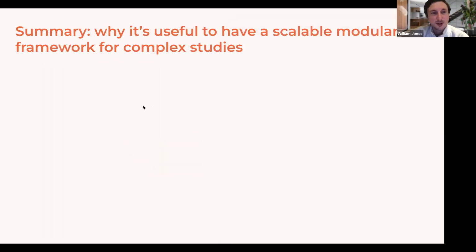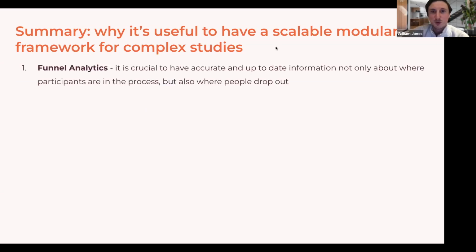Okay, so I'm just going to go through some of the points that I listed earlier, and the intention was to answer many of these questions. Now that we have been introduced to these concepts, we can start to understand and have funnel analytics essentially for free.